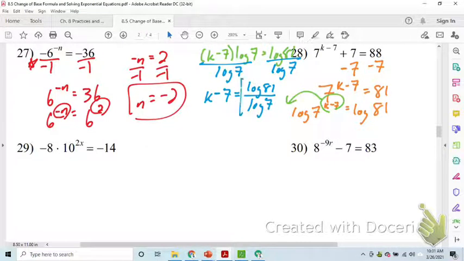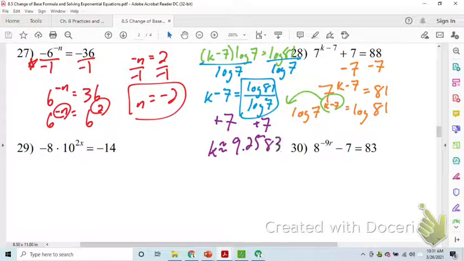Now, some people might just want to plug that into their calculator, and then your last step is just take whatever it is and add 7 to it. Either way, for number 28, you should end up with k is approximately 9.2583. You should have gotten something very, very close to that for your solution.